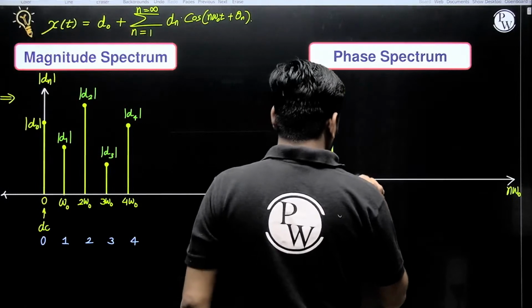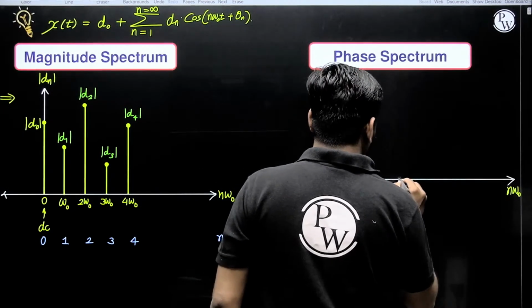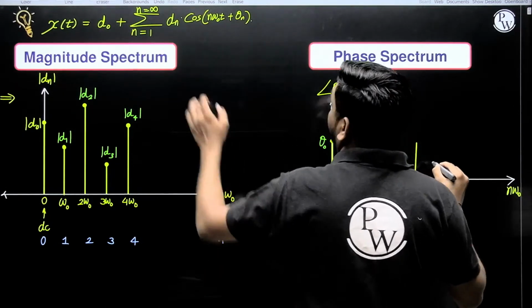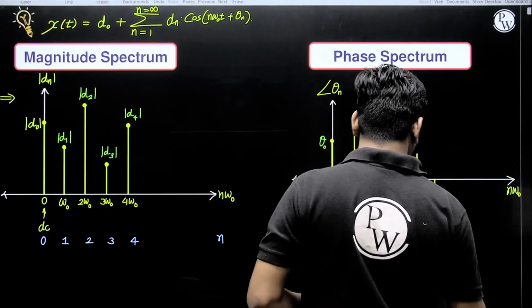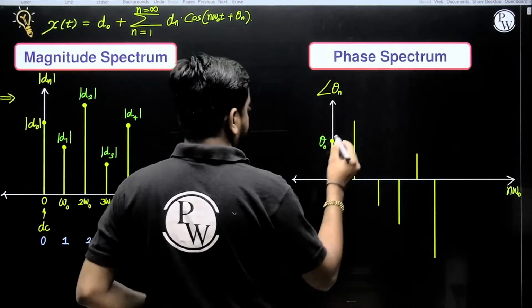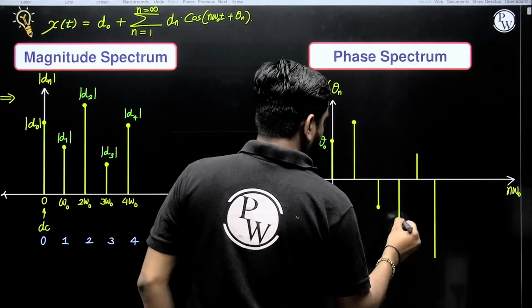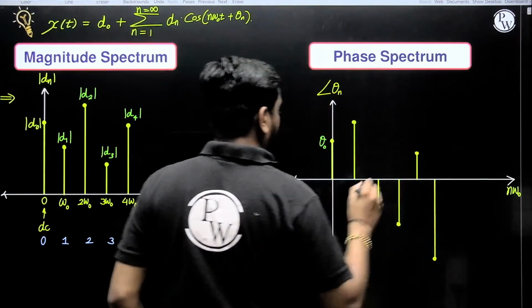Then next phase angle theta 1 can be negative also. Theta 2. Correct?